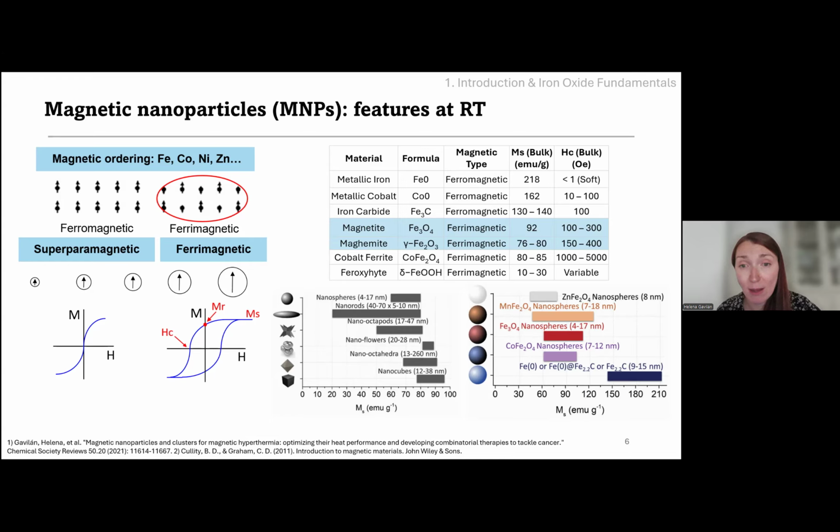This was more about how you can tune the magnetic properties by tuning the composition. But what you should expect is that you have a Curie temperature and the magnetization will drop above this Curie temperature.